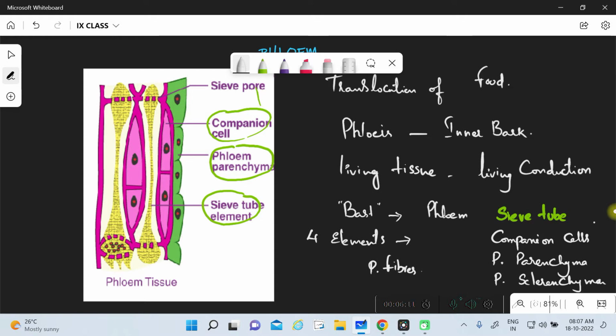So phloem fibers and phloem sclerenchyma are basically the same structures. Let us look in detail into the different elements of the phloem.